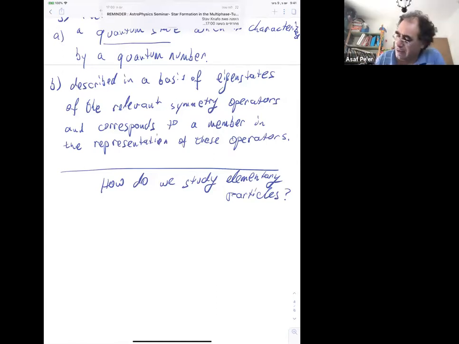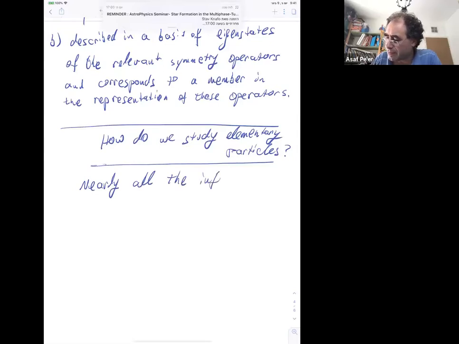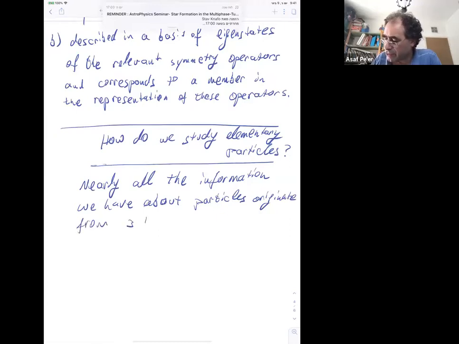Really, nearly all of the information we have about elementary particles comes from two, maybe three types of experiments, whose results can be compared to the theoretical expectation. So nearly all the information about particles originates from three types of measurements.